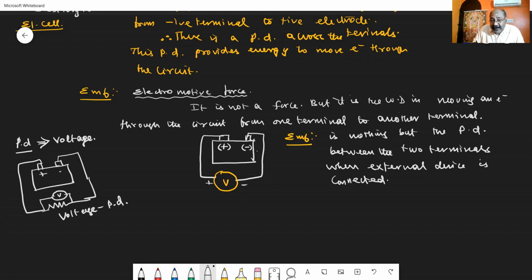Because when you connect a resistance or an external circuit to the battery, in order to get the work done, there is a flow of electrical current through this resistance.